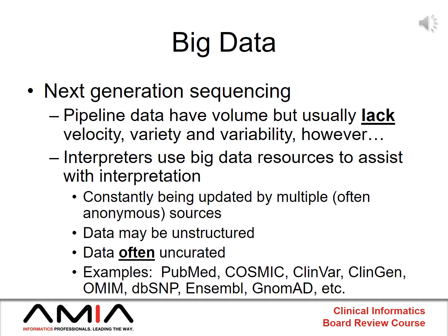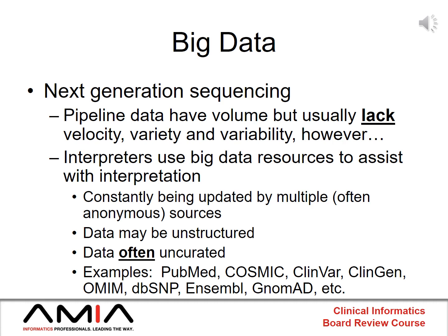because genomic discovery and implications of certain variants are changing on an almost daily basis. These big data resources are online and constantly being updated by multiple and often anonymous resources, and the data can be unstructured and is often uncurated, which means that the interpreter must use caution when using these databases to interpret data.